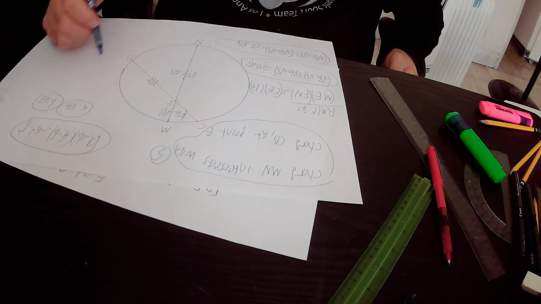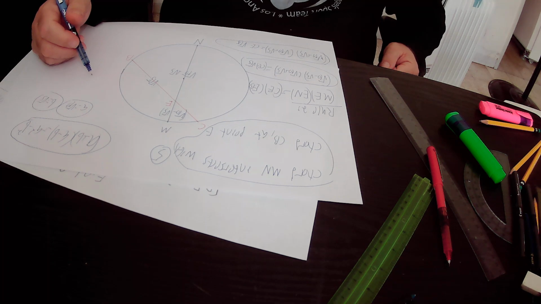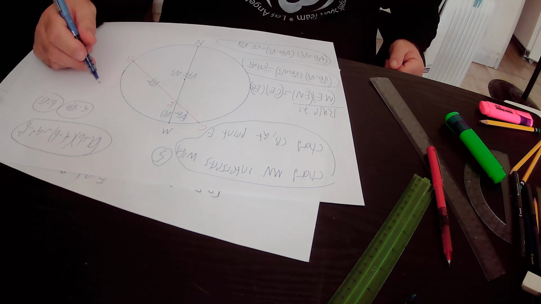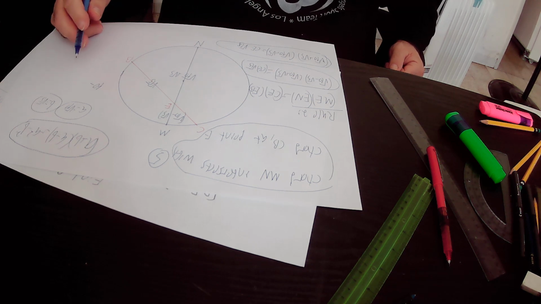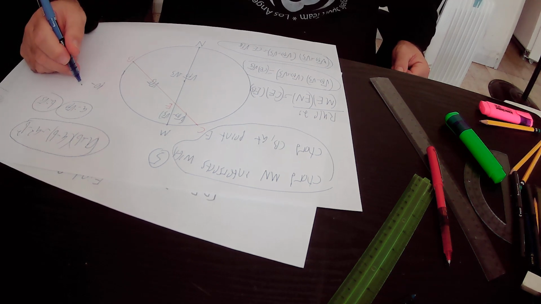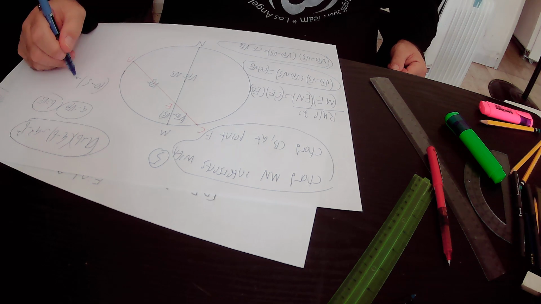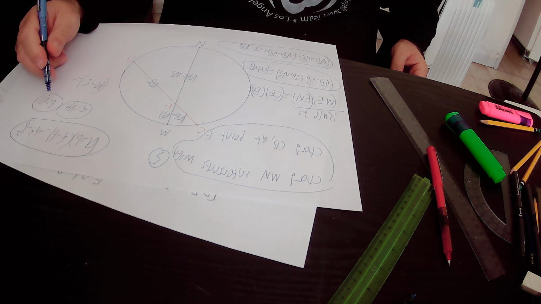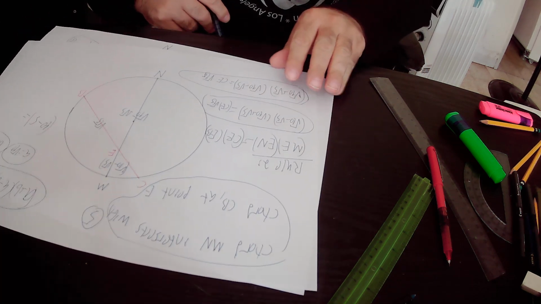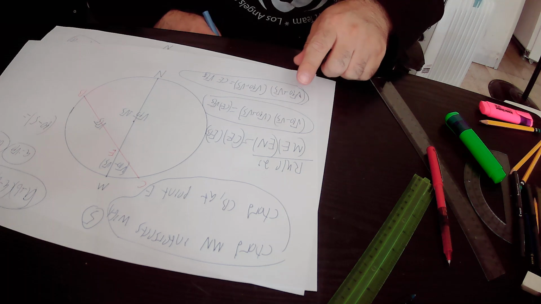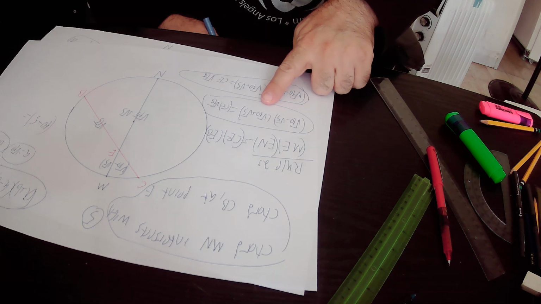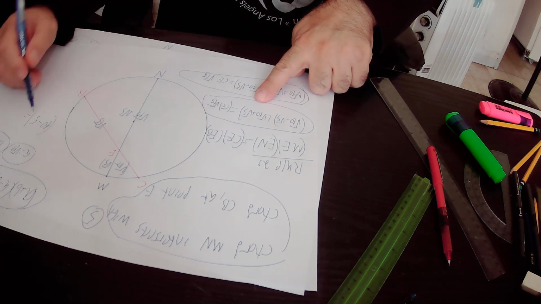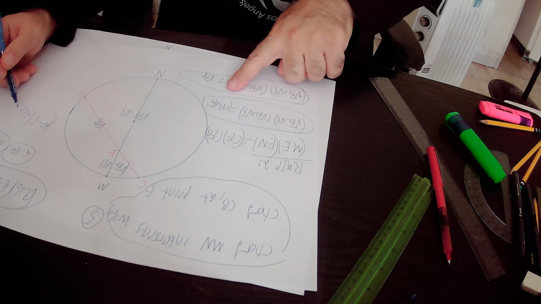A equals square root of 10, therefore A squared equals the square root of 10 squared, that is 10, minus B squared. B equals square root of 5, therefore B squared equals the square root of 5 squared, that is 5. And it is equal, here in this equation, to square root of 10 minus square root of 5 times square root of 10 plus square root of 5 equals CE times square root of 15.